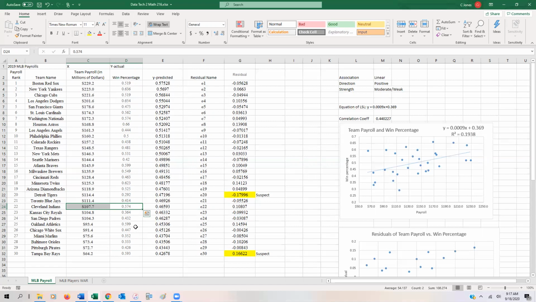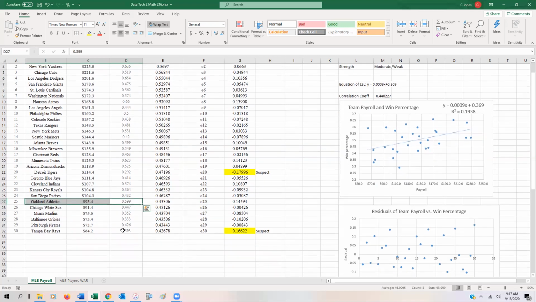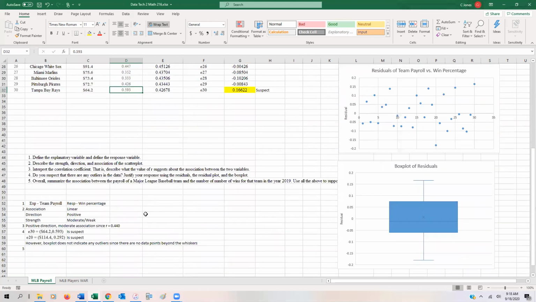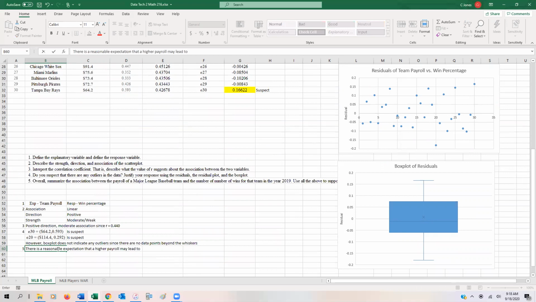The Athletics completely shattered winning percentage expectations, etc. So did the Rays. So it doesn't necessarily always suggest. So what we can say is that there's a reasonable expectation that the more money, or the higher the payroll, may lead to a higher winning percentage.